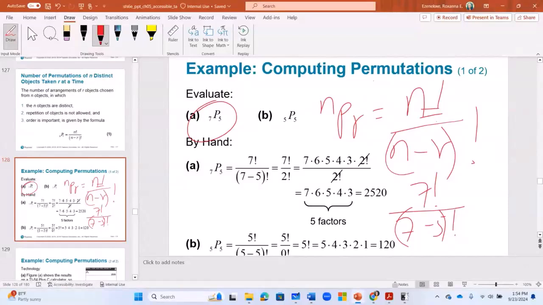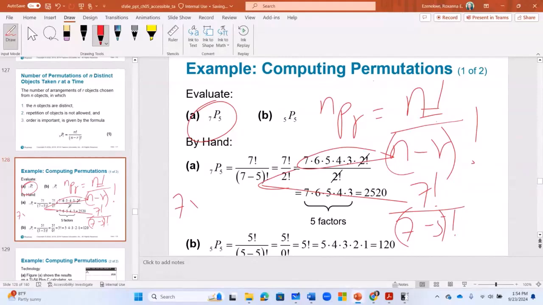I don't really have to use my calculator to do that. You multiply the remainder after you cancel out, and then you have 2,520.